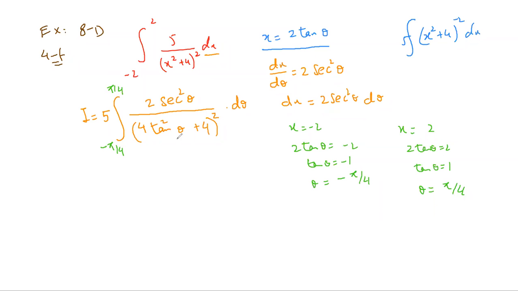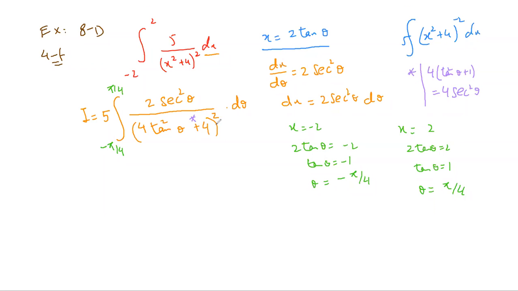As you realize, if you take 4 common, this becomes 4 into tan square theta plus 1, which is 4 secant square theta.